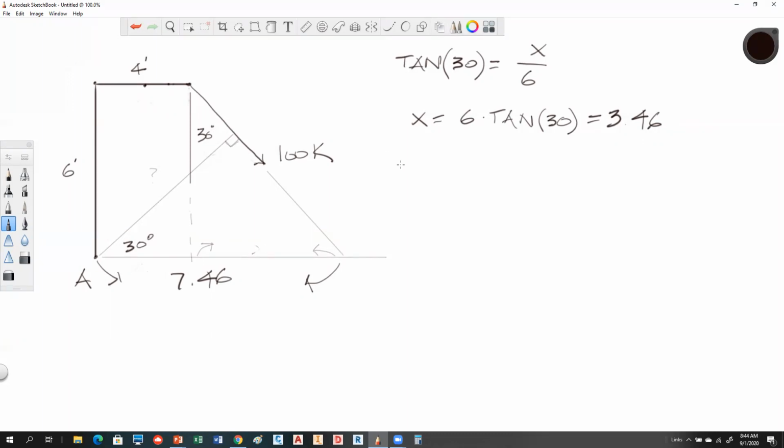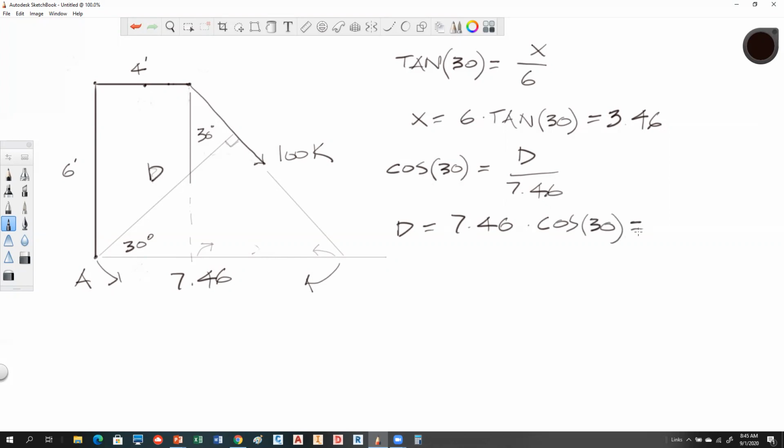So what we'll have is the cosine of 30 is going to be equal to distance d, that's this distance here, over 7.46. D turns out to be 7.46 times the cosine of 30.